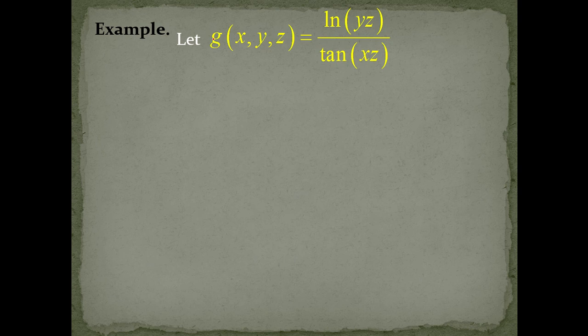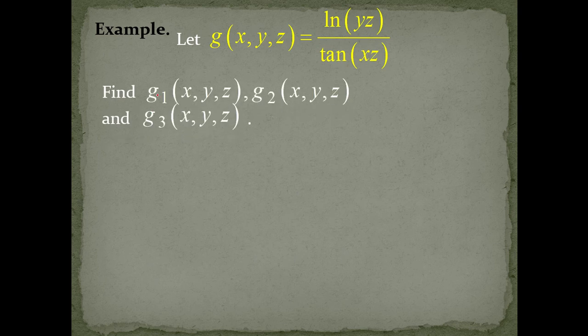Okay, so we're given here a function of three variables. The function of x, y, z is equal to ln of the product yz divided by tangent of the product xz. We are asked to find g1, which stands for the partial derivative of the given function with respect to x.